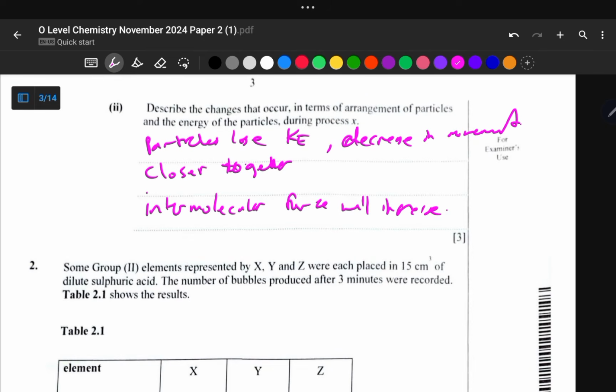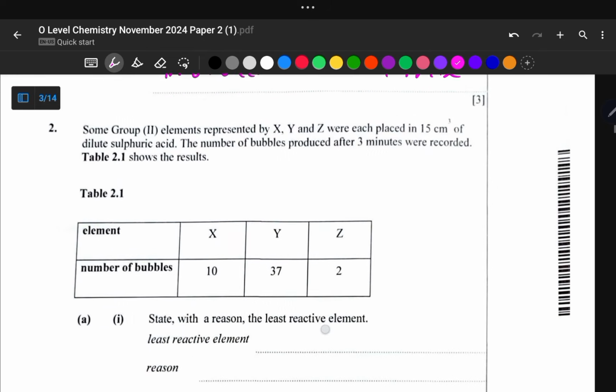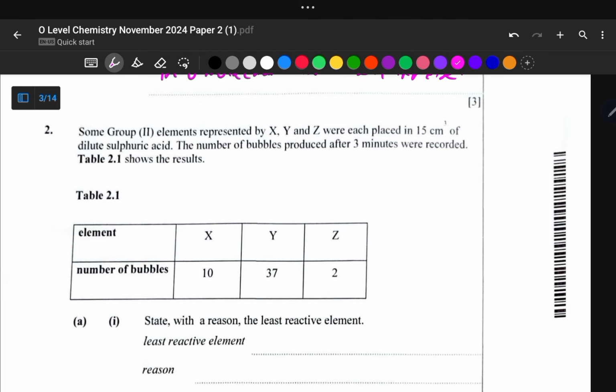And then we're now moving on to number 2. So number 2 says some group 2 elements represented by X, Y, and Z were placed in 15 cubic centimeters of dilute sulfuric acid.